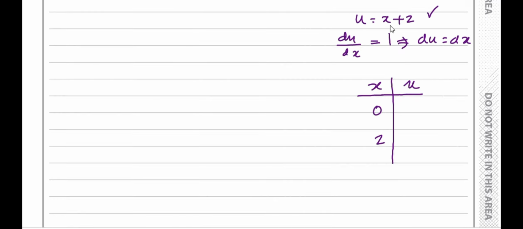So when x is equal to 0, u is equal to 2. Okay. When x is equal to 2, u is equal to 4. Therefore, we can now rewrite this entire integral expression as between 2 and 4 of 2 bracket u minus 2 bracket u to the power of half du.